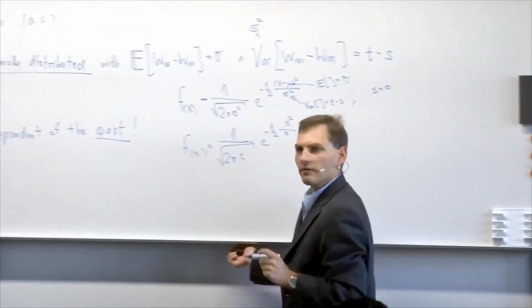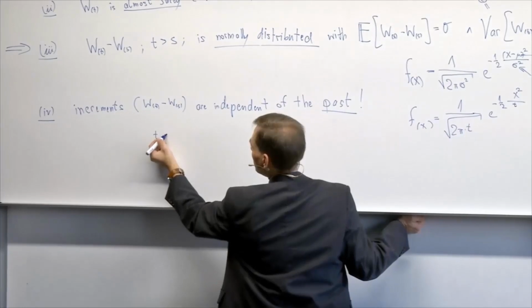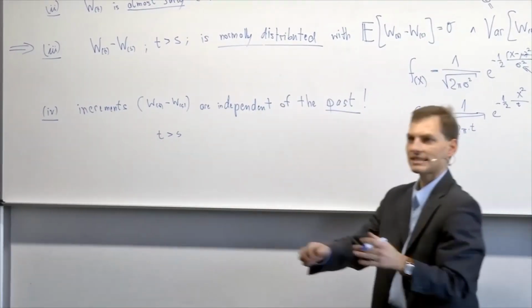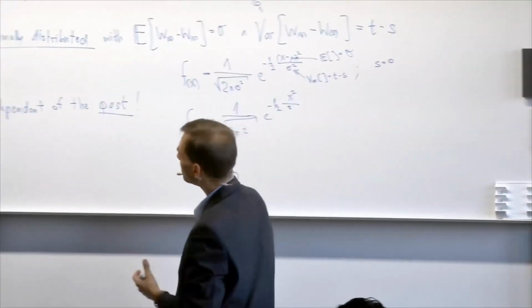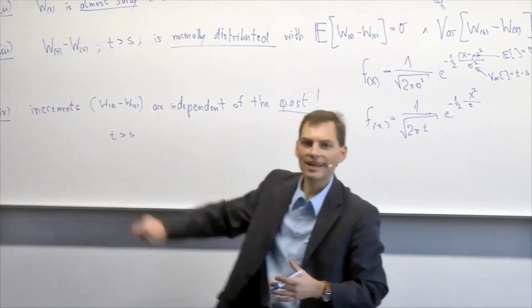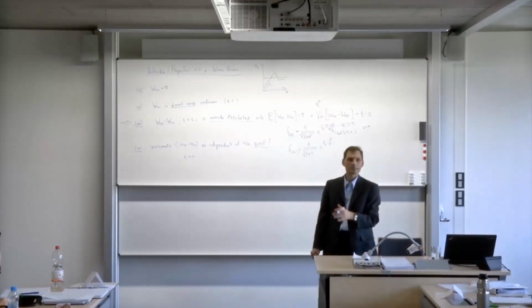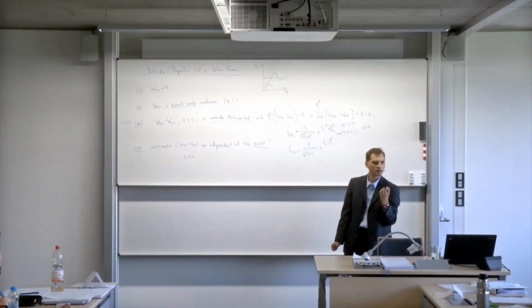If I have a sequence like this, W_t, W_s, and I use the same idea that t is greater than s, you can say s is today, t is later, tomorrow. Everything until today, until s, is the past. That is information we already have.